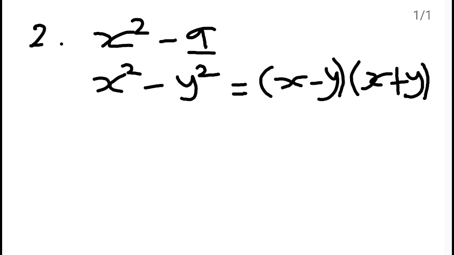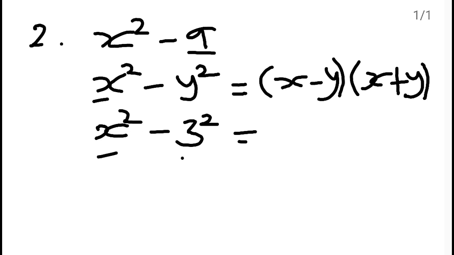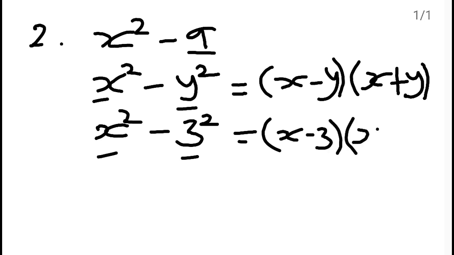So we also break 9, because 9 is a perfect square and is coming from 3 squared. So this will be x squared minus 3 squared. When we compare, where there is x, there is x, and where there is y, there is 3. So we shall say we have x minus 3 multiplied by x plus 3. This is also done.